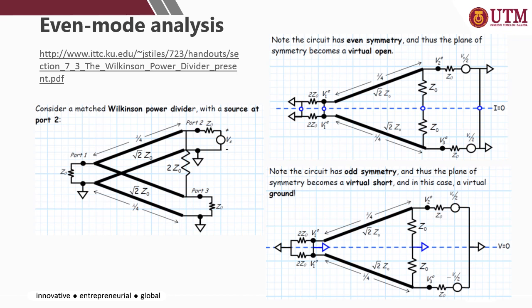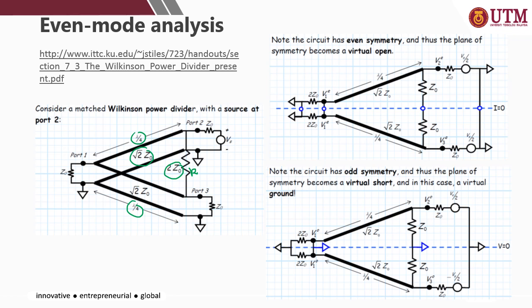The system is added with lambda over 4 transformers, each having the impedance square root of 2 Z0 to get it matched to the input and output ports, and the resistor has the value of 2 Z0 to get the system matched and provide better isolation.